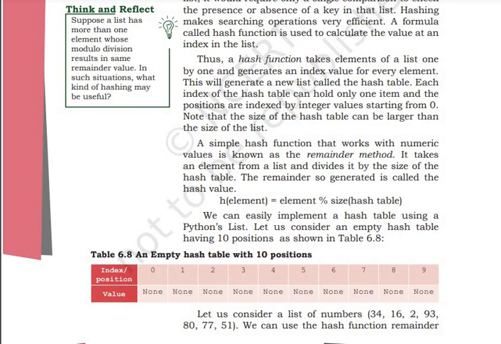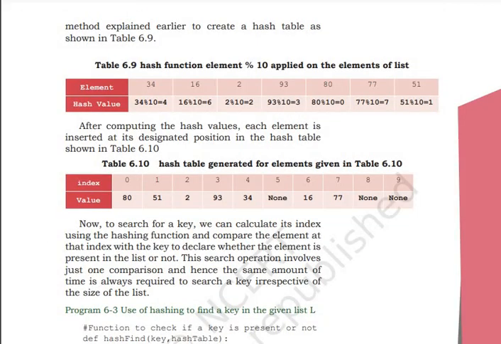So we'll see an example here. A list of numbers: 34, 16, 2, 93, 80, 77, 51. We can use the hash function remainder technique to create a hash table.